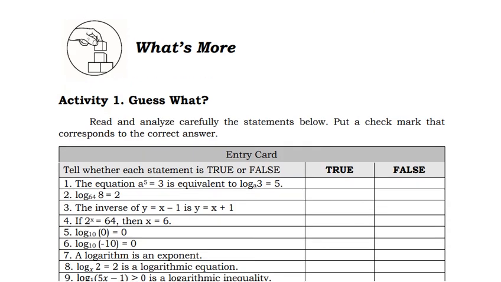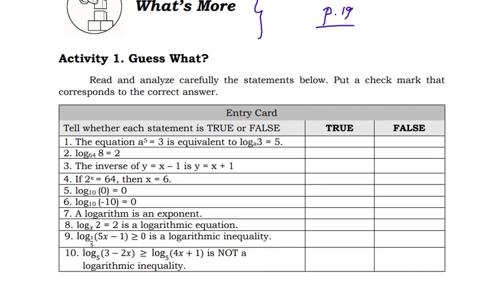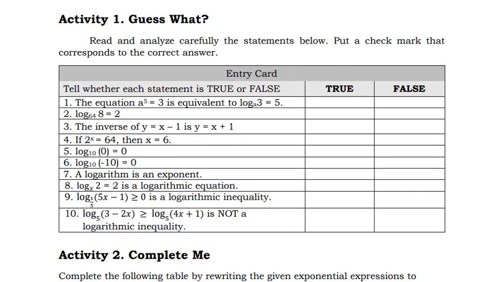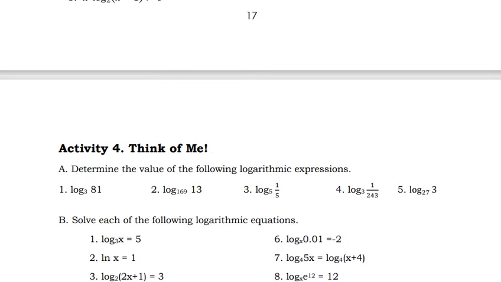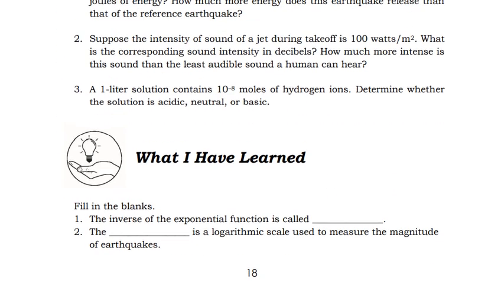So, what's more? This is your activity, on page 19. I already gave you this module. You have to answer this, and I will give you your assignment. Of course, the deadline will be on Friday, 5 p.m. I hope you can answer Activity 1 until Activity 5.